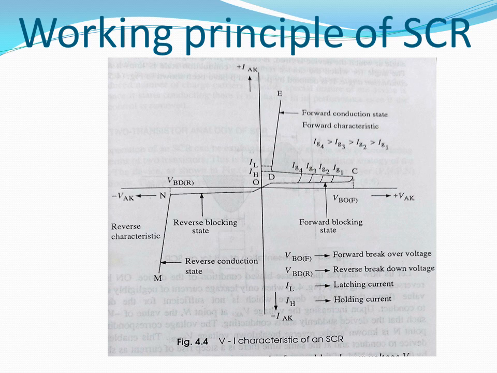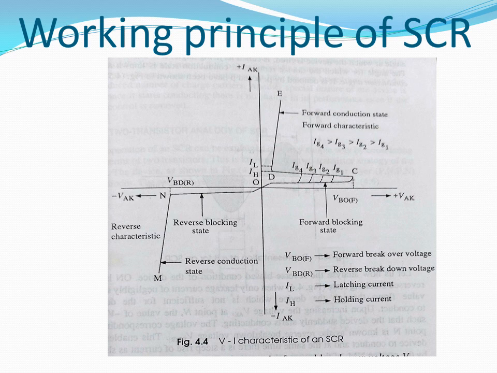Firstly, the first condition is shown by the portion DC. In this condition, as I have said, SCR will not conduct, because when it is in forward biased condition, the junction J2 being reverse biased will not allow the current to flow from anode to cathode.